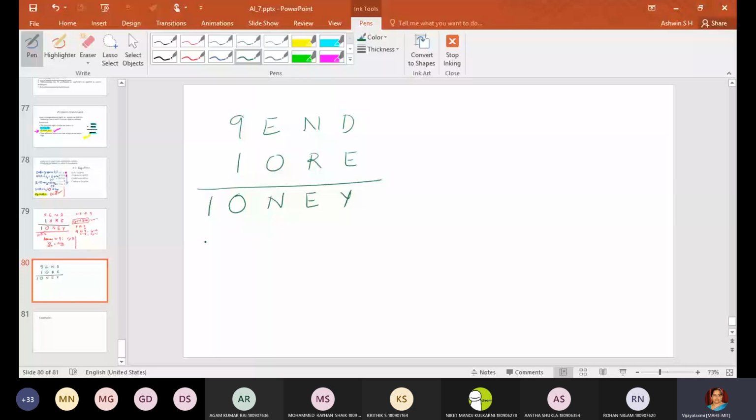Now this is 0 we have got here. So here I will write for our understanding. Here C1 is there, here C2 is there. C3 I have assumed it to be 0 and C4 is 1.